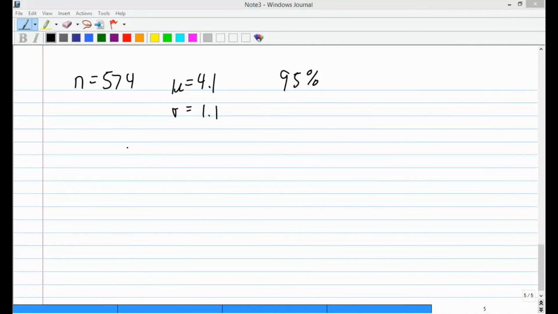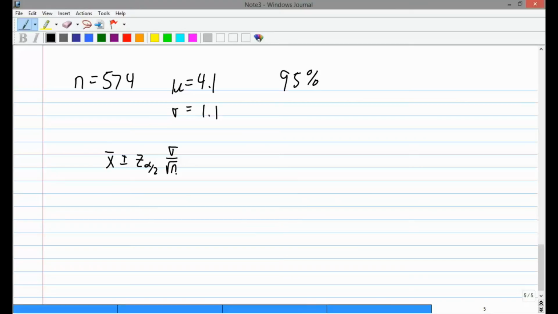So what is our formula for our confidence interval? What are we trying to make a confidence interval for? The mean, right? So it's going to be x bar plus or minus z sub alpha over 2 times sigma divided by the square root of n. So this mean was actually x bar.